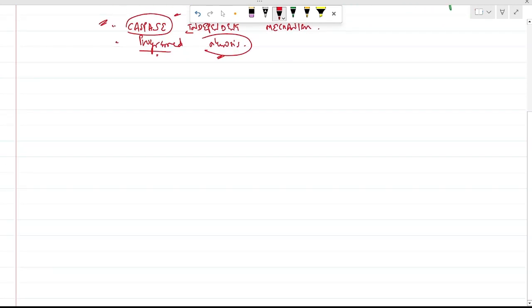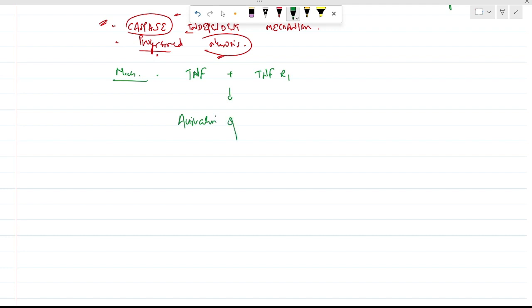Now we are going to see the mechanism of necroptosis. First there is tumor necrosis factor, TNF. This combines with tumor necrosis factor receptor 1. This leads to activation of, remember these two proteins, RIPK1 and RIPK3.